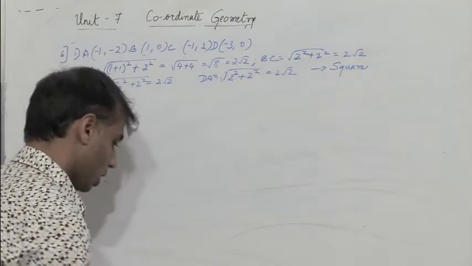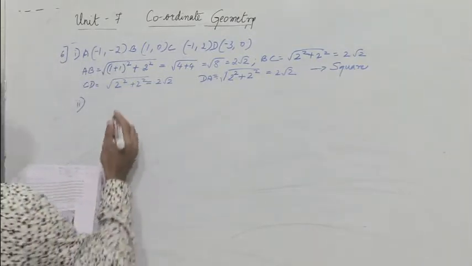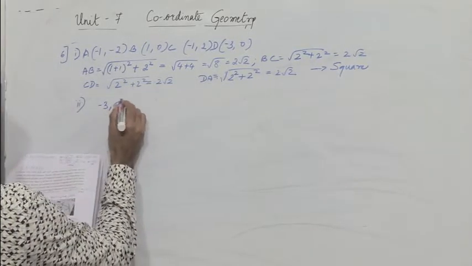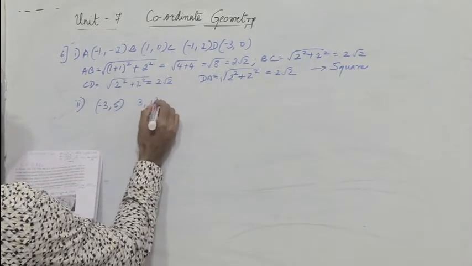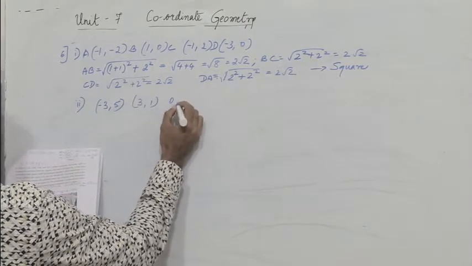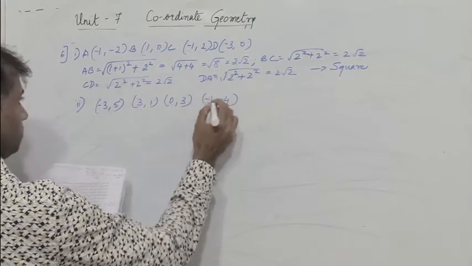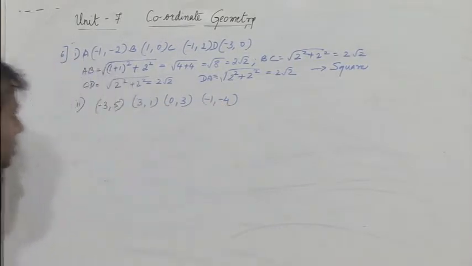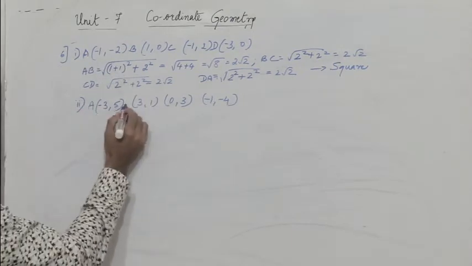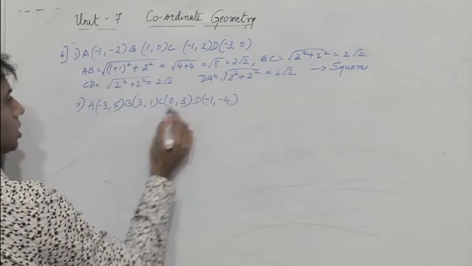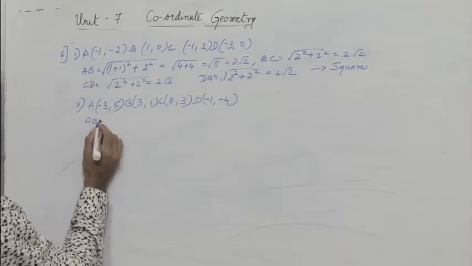Moving on with the next one, we have the 4 points: minus 3, 5; 3, 1; 0, 3; minus 1, minus 4. So let's find the distances between the 4 points, AB, BC, CD. So what is AB?